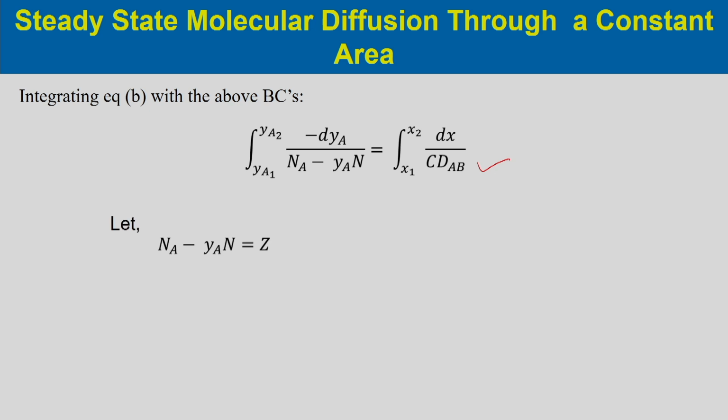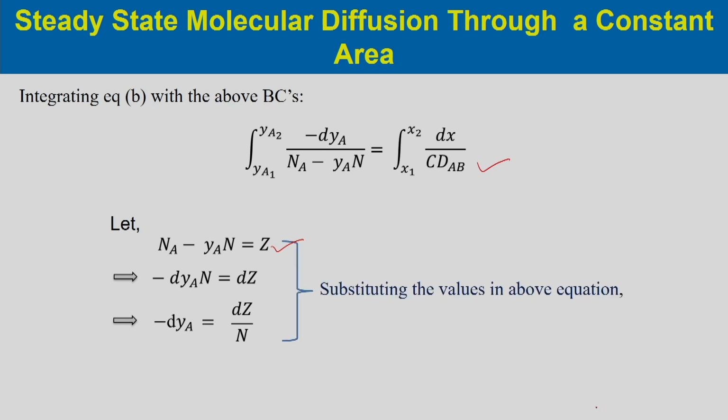Let NA minus yA N be equal to Z. So, from here we can write minus N dyA would be equal to dZ, and minus dyA would be equal to dZ by N.